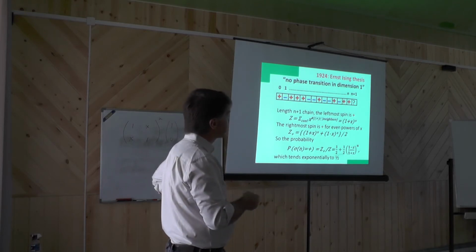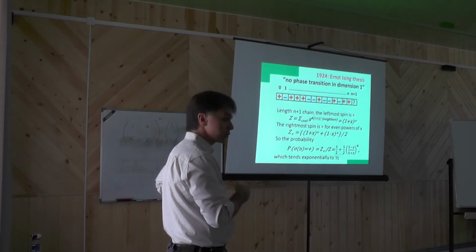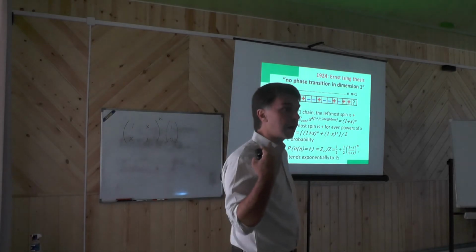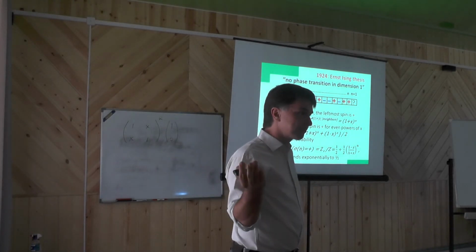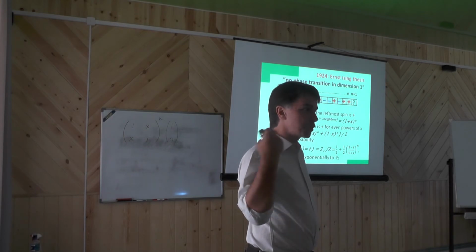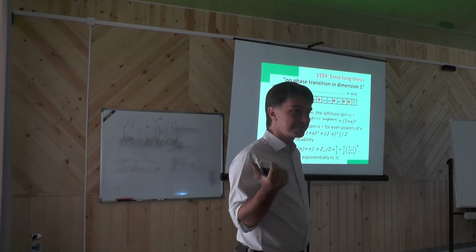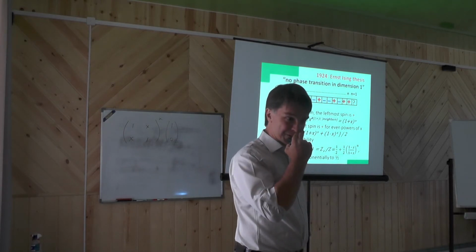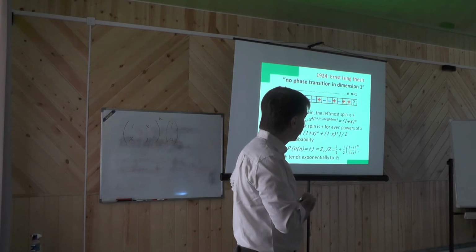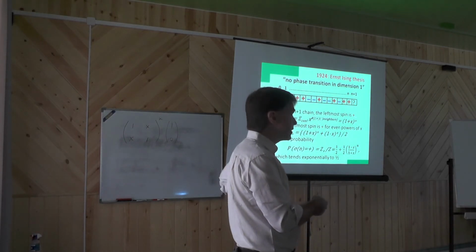Now, what does it mean that the rightmost spin is also plus like the leftmost? It means that we changed our color how many times? If it was plus and it's again plus, then we flipped the color an even number of times, not odd. So we need to get from the partition function the terms where the power of x is even.